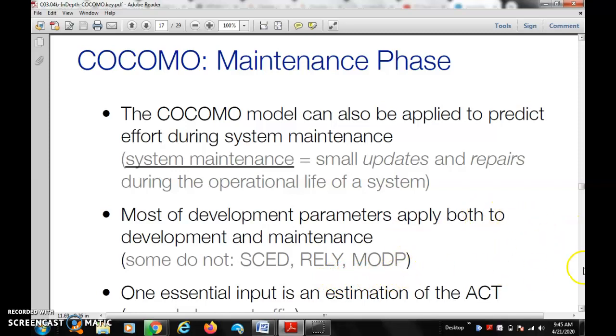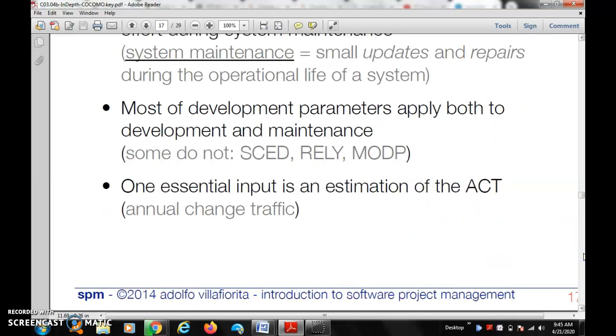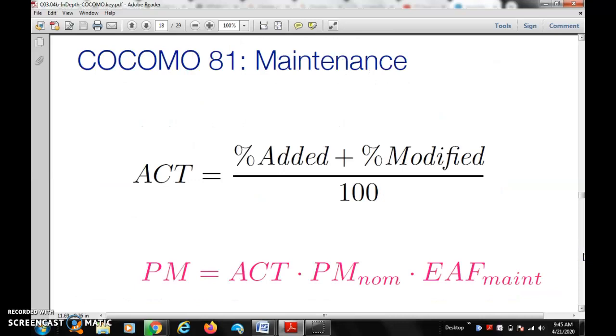So here one essential input is the estimation of the ACT. Here it is COCOMO 81 maintenance, ACT equals percentage of added plus percentage of modified, divided by 100. You will get how much percentage of maintenance is made in that particular program or project.